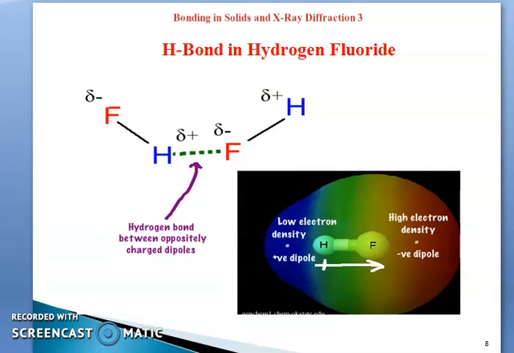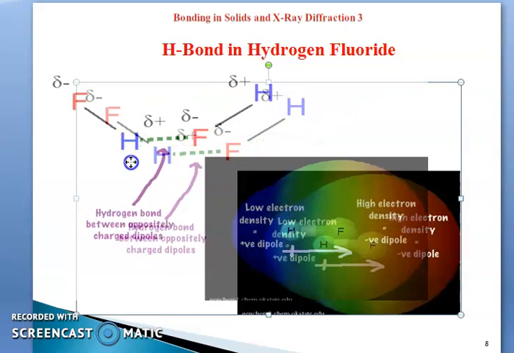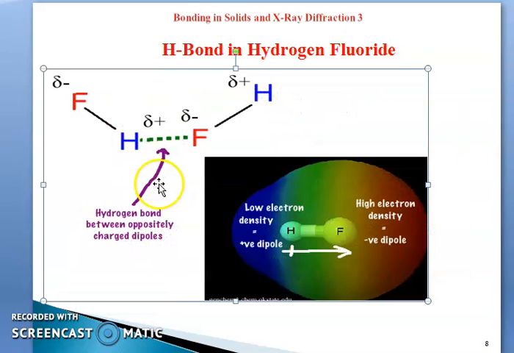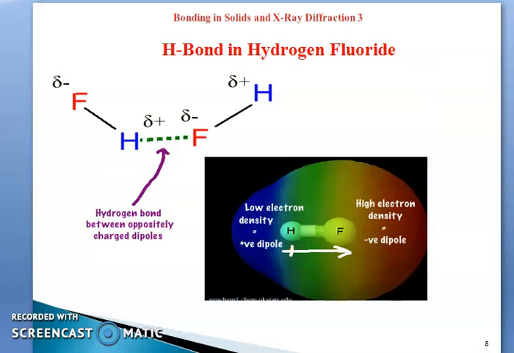Here I will show you a figure, that is HF, hydrogen fluoride. What is there in the figure? Hydrogen bond is between hydrogen and fluorine.